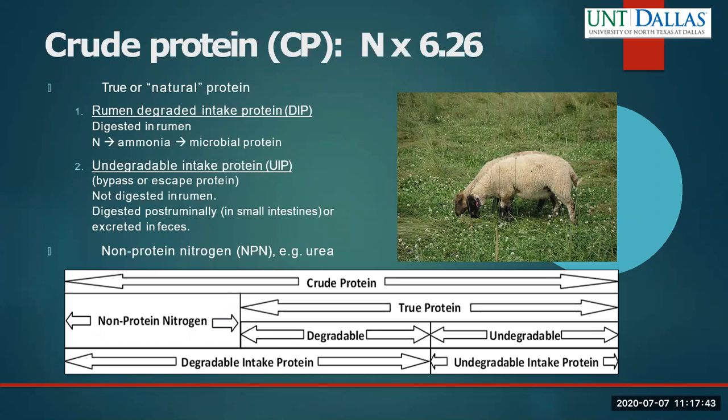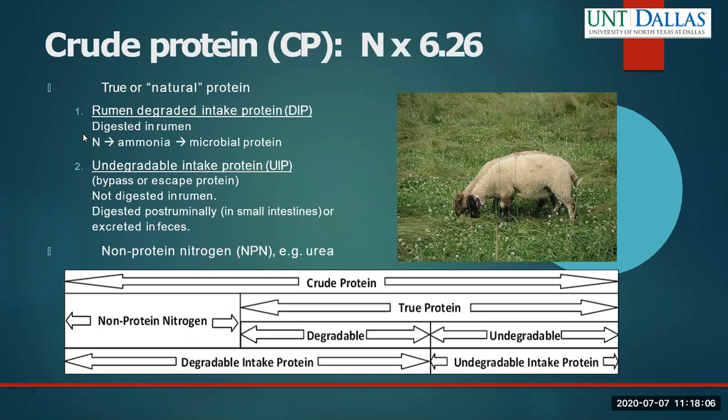True or natural protein includes the rumen degraded intake protein, that's the DIP. Digested in the rumen, the nitrogen is converted to ammonia and then to microbial protein.